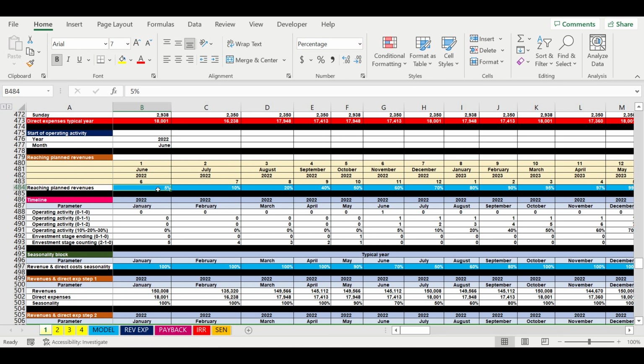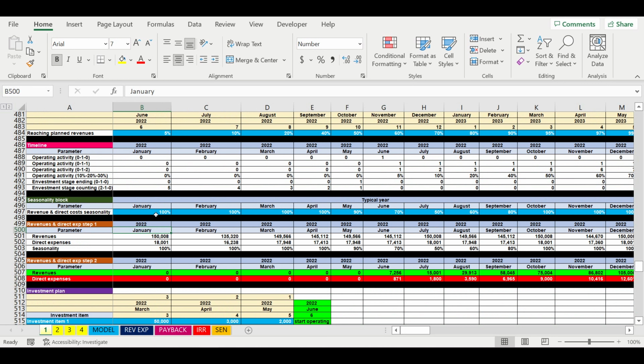We should calculate the amount of these losses to add them to the expenses on the investment stage, and this will form the final amount of financing that you need to start the business. So here we specify how fast we are going to the planned revenues.